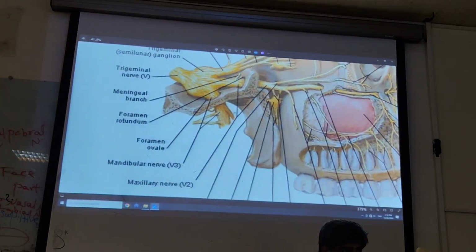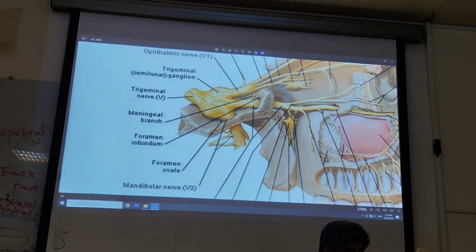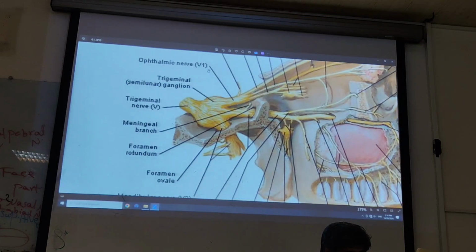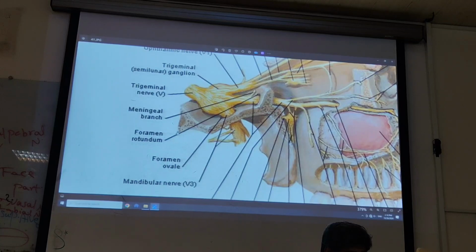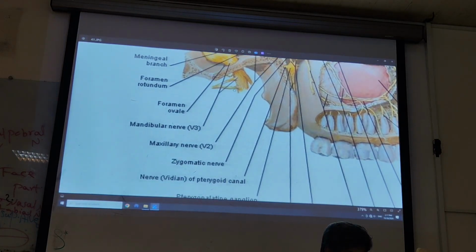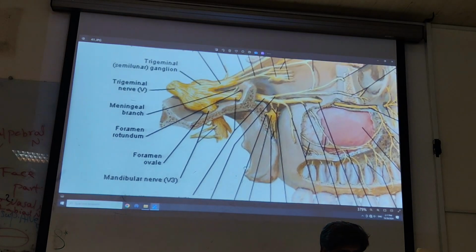Okay, maxillary. Trigeminal, semilunar ganglion, another name Gasser ganglion, contains the trigeminal nerve: V1, ophthalmic nerve; V2, maxillary nerve; V3, mandibular nerve.